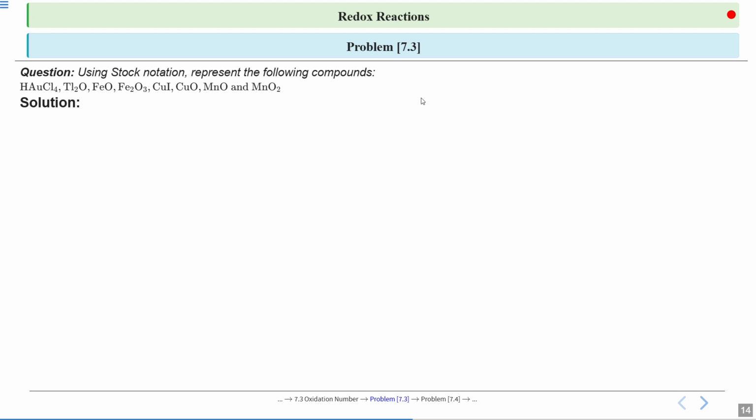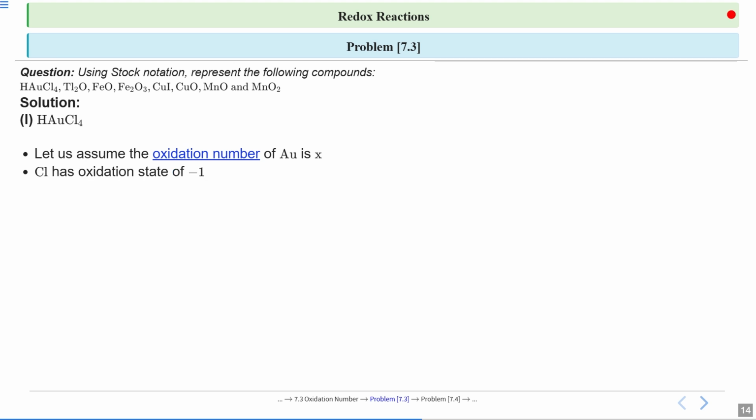If you look at the solution, the first one is HAuCl4. Let us assume the oxidation number of Au is x, as we have to calculate the oxidation number and then represent it with the help of stock notation. Chlorine has an oxidation state of -1, while hydrogen has +1.